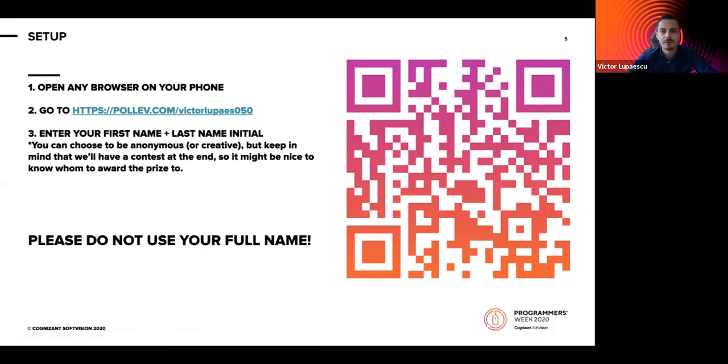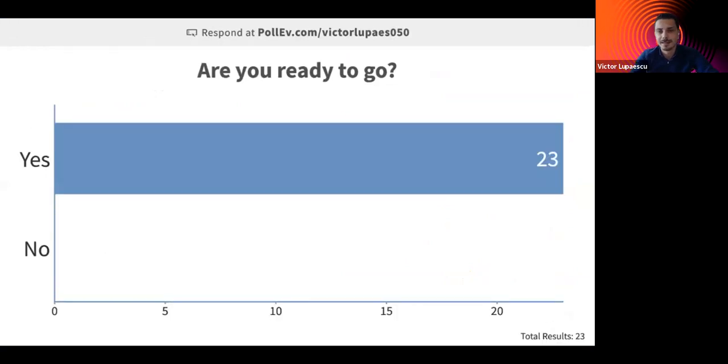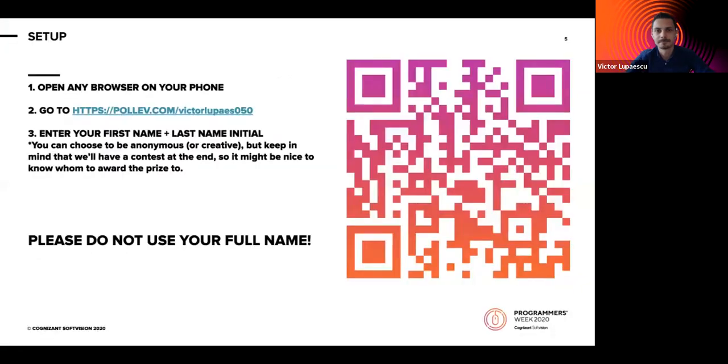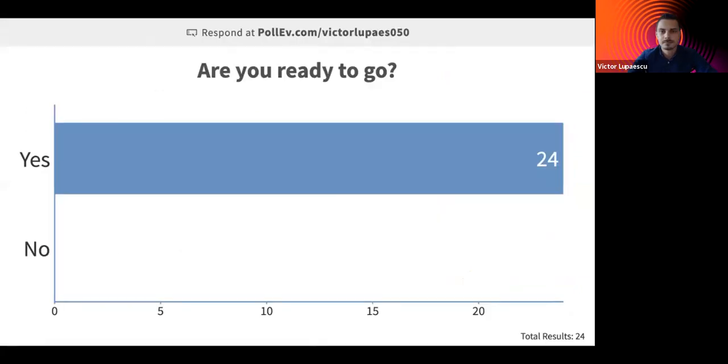I see we have 34 attendees so far. 22 have joined this live polling app, so we'll still wait for the others to join. 23 now, and let's look at it interactively as well. I'll come back to this slide every couple of seconds. So 23 so far. Here's the QR code again. If you encounter any difficulties in joining this, please write in the Q&A section.